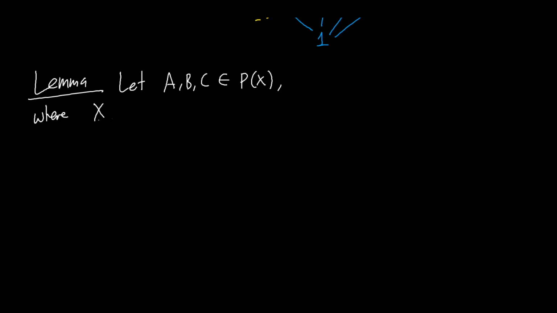And here is how. We have this little lemma about union. So let A, B, and C be elements of the power set of X, where X is any set.